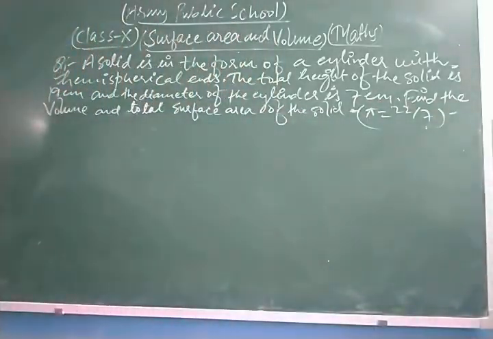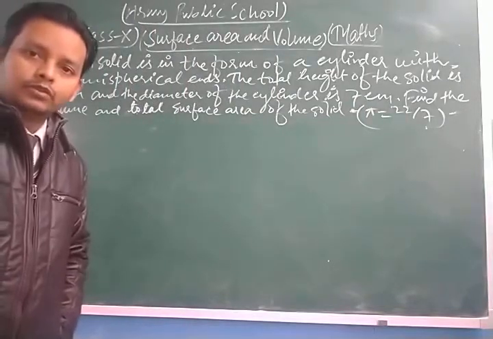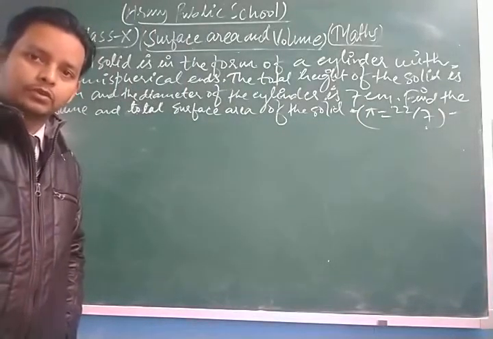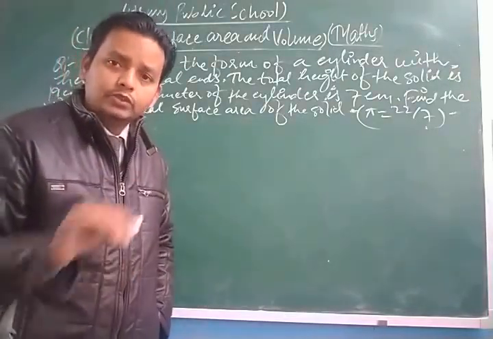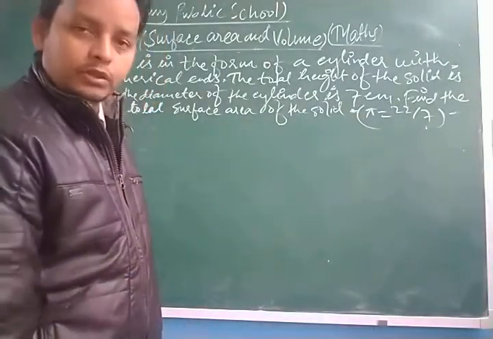This is a very important question, dear friends, based on this chapter. Now let's see its solution, and after that you can solve all the questions based on these topics.